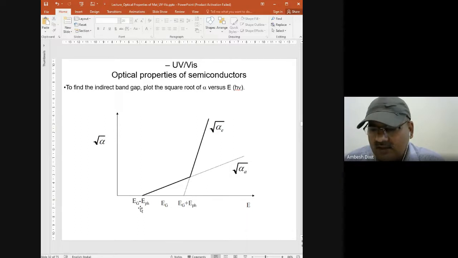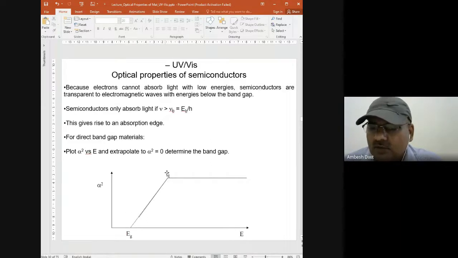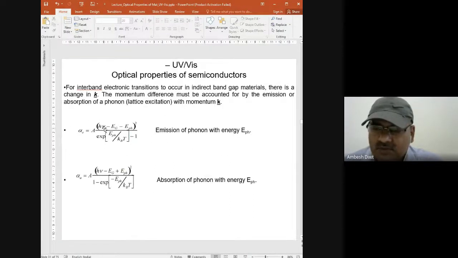What I will get is Eg minus EPH and Eg plus EPH, right? So I average these two numbers and divide by 2, and I will get the band gap of my material by excluding the contribution of phonon. Whenever your material is a direct band gap, it is much easier to work out, because the expression is A times (h nu minus Eg) whole square, and the phonon term has no meaning in that case.